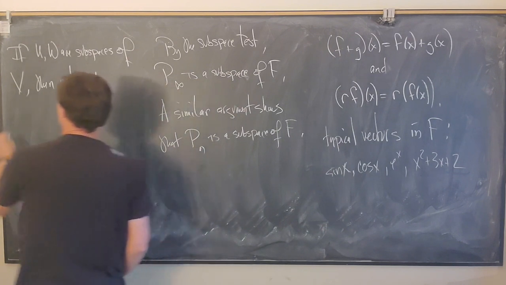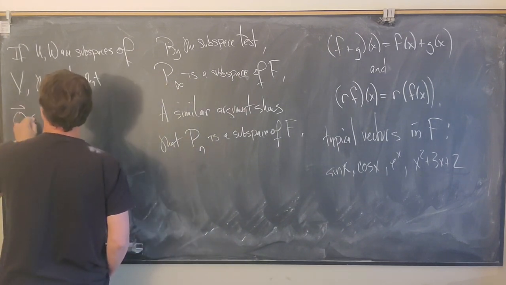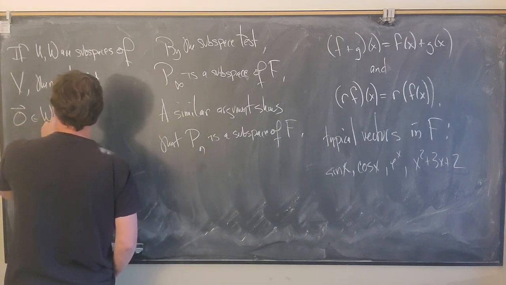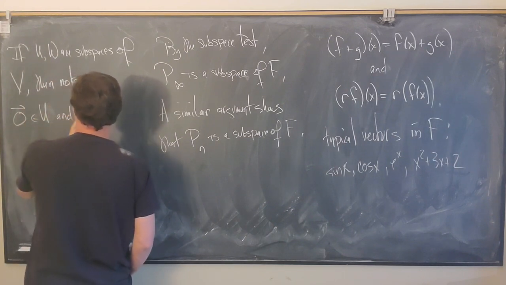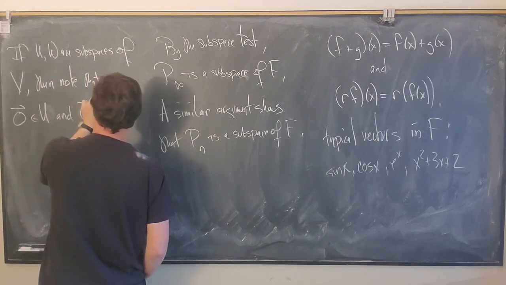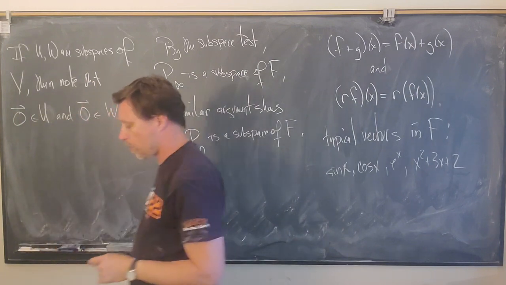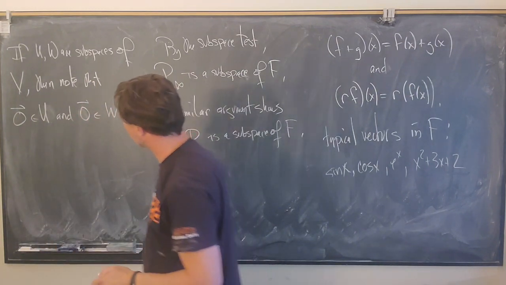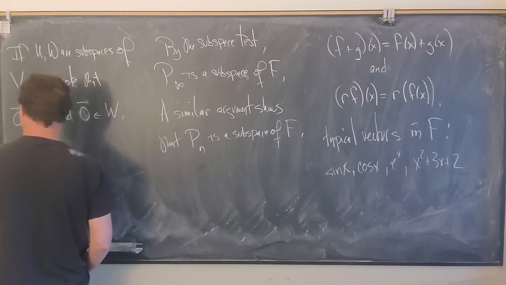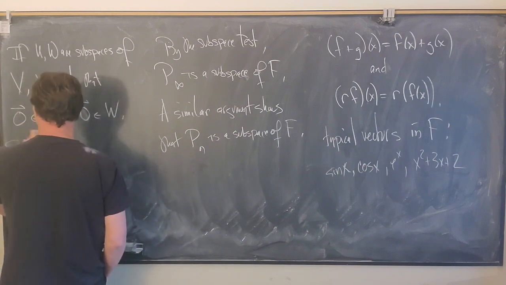So then note that 0 is an element of U, and 0 is an element of W.